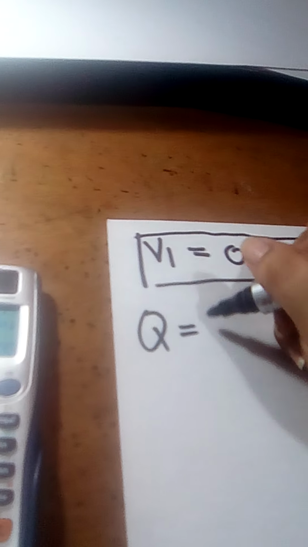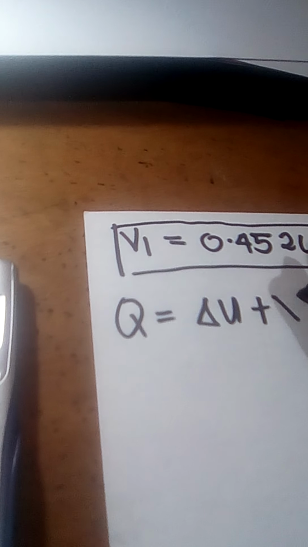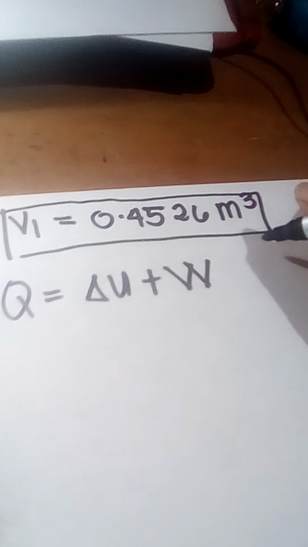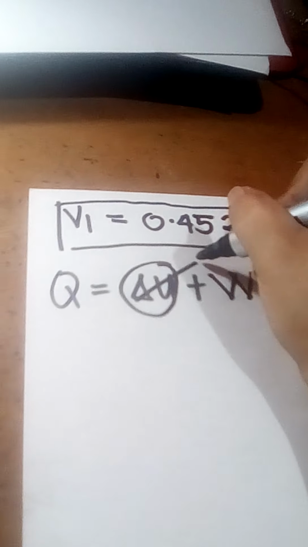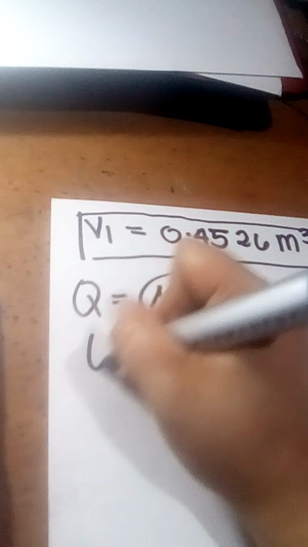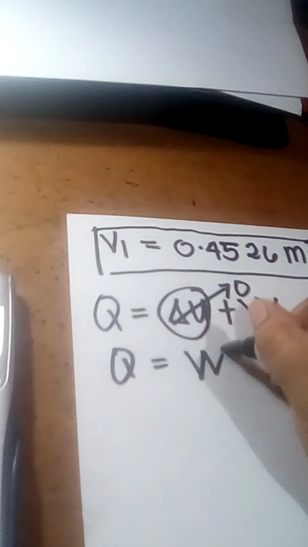We have one unknown left, so let's find the heat transfer. Q is equal to change in internal energy plus work. Since it is an isothermal process, the change in internal energy is equal to 0. Therefore, the heat transfer in the process is equal to the work done.